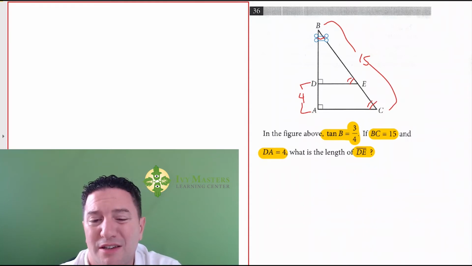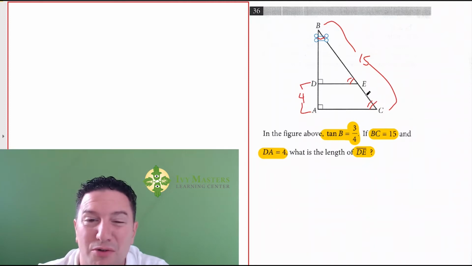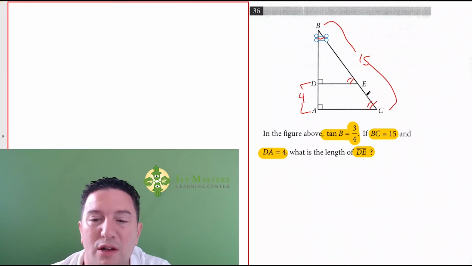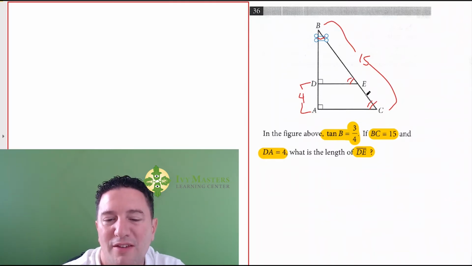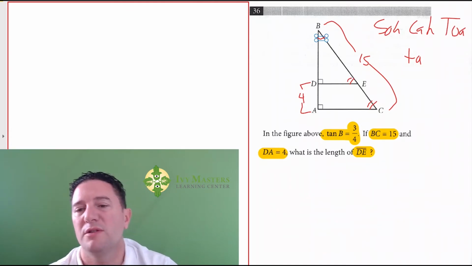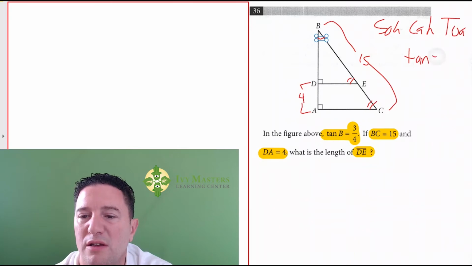Since they're not actual measures, tangent, cosine, and sine are really just ratios. The way you could do this is you could label this side. Remember SOH CAH TOA: sine is opposite over hypotenuse, cosine is adjacent over hypotenuse, tangent is opposite over adjacent.